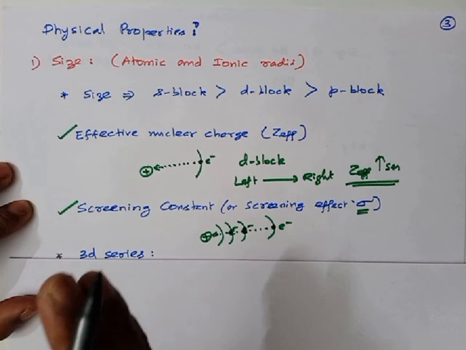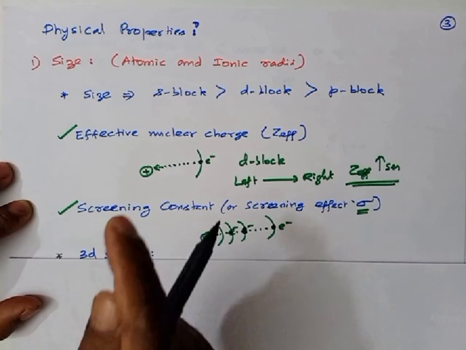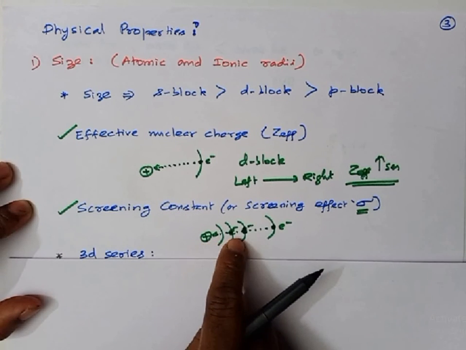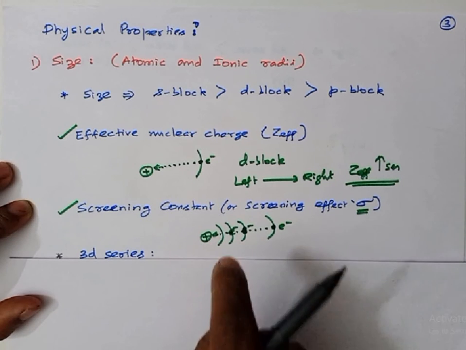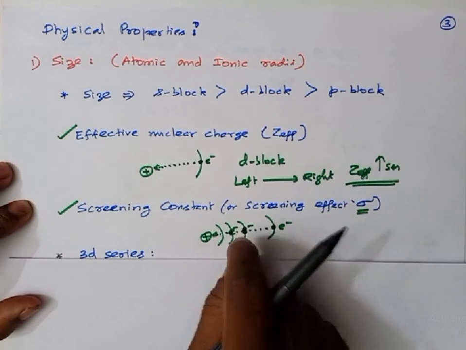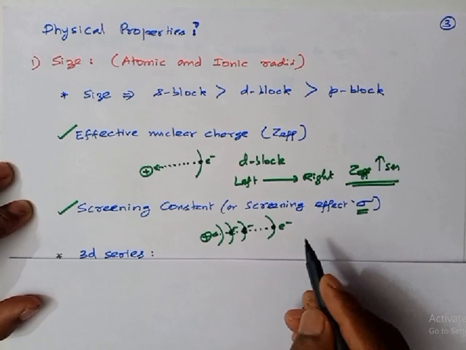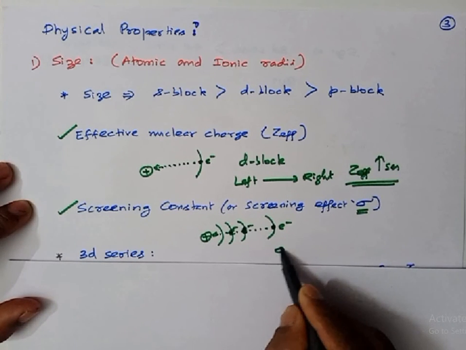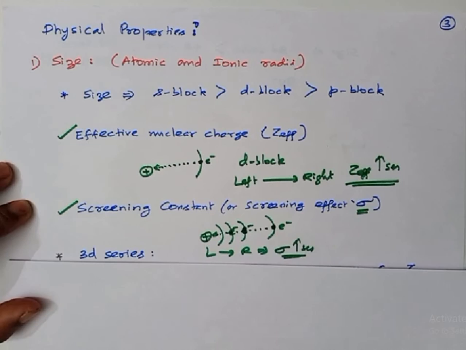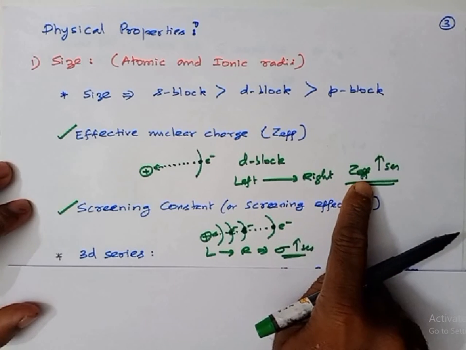Students, observe carefully. When you move from left to right in D block, from one element to the next, not only does the number of protons increase in the nucleus, electrons also increase, and very specifically, electrons are increasing in the inner D subshell. When you put electrons in the inner D subshell, screening also increases. So when you move from left to right, the screening effect sigma also increases.